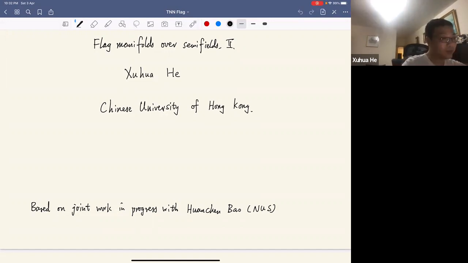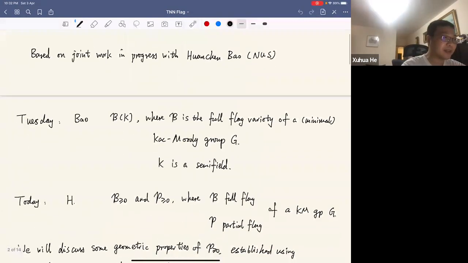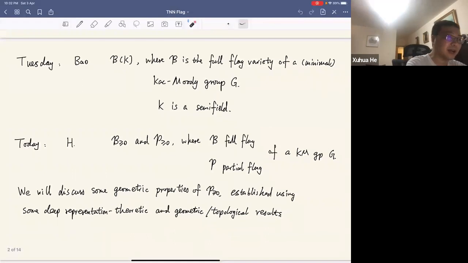So what I'm going to do is that this is the second part of the talk on the flag manifolds over semifield. Huan Chen gave a talk on the first part. So he focused on the flag varieties of any Kac-Moody group over semifield.